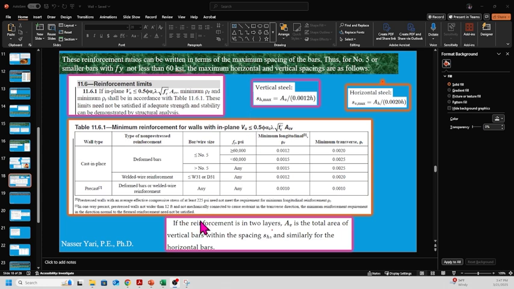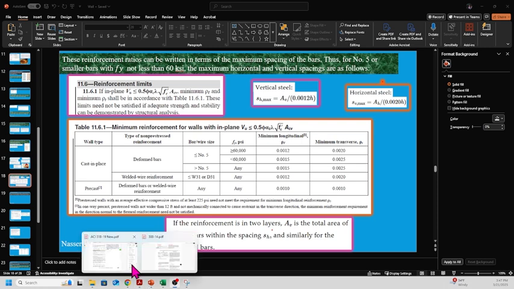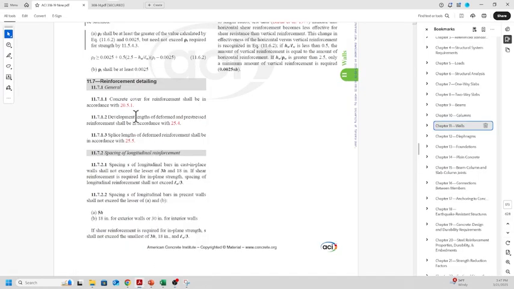For the spacing, we're going to see right here, it says spacing s of longitudinal bar in a cast-in-place wall. Ours is going to be cast in place, it's not going to be precast. It's not to exceed the lesser of 3h or 18 inch. So we're going to take a look at this and see what we're going to come up with.